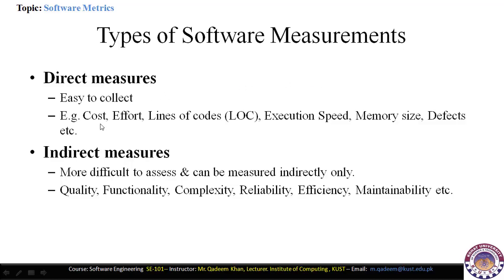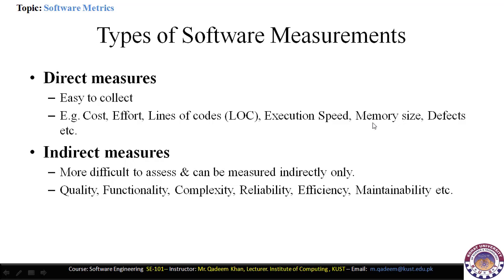So the direct metrics include cost, meaning the budget; effort, meaning the different people required to complete the project and their working hours or working days; lines of code, which includes all the executable statements of the program; and execution speed, meaning the efficiency of the program in terms of CPU speed.